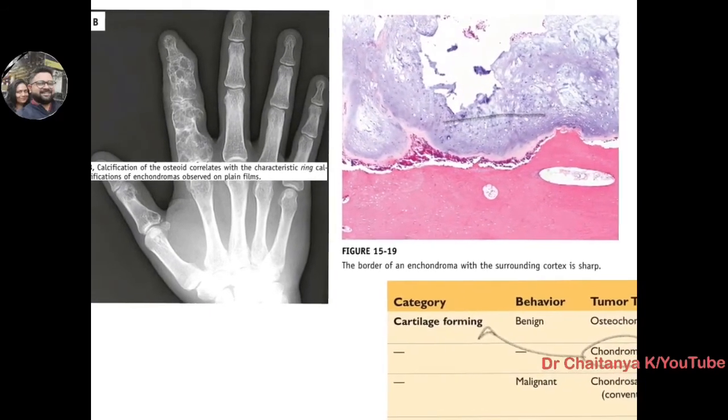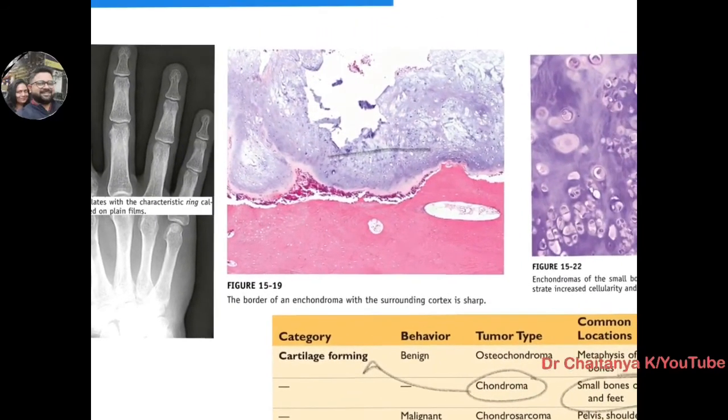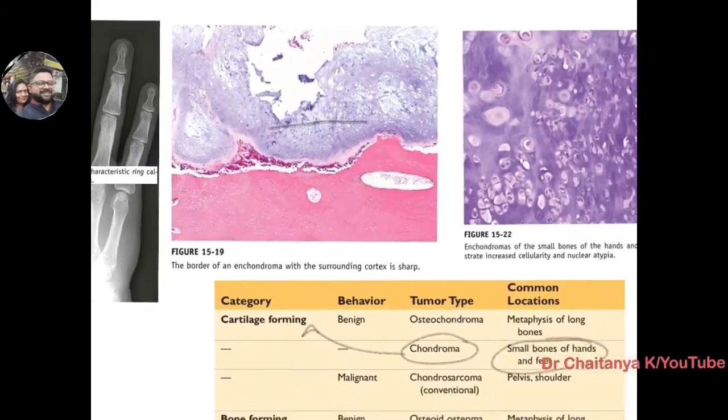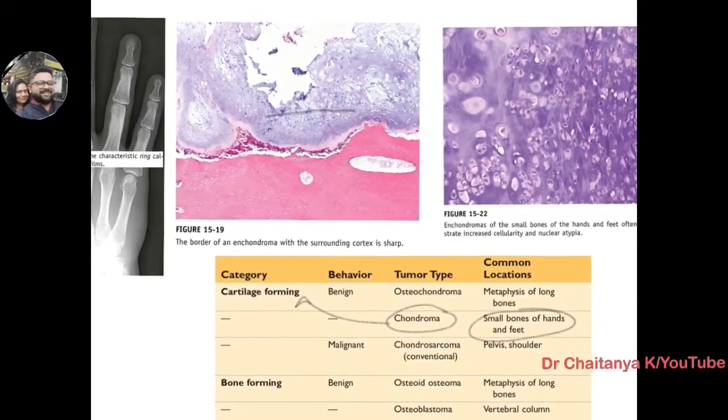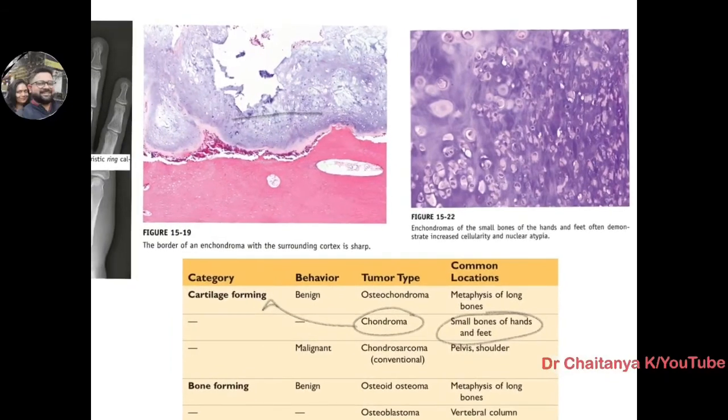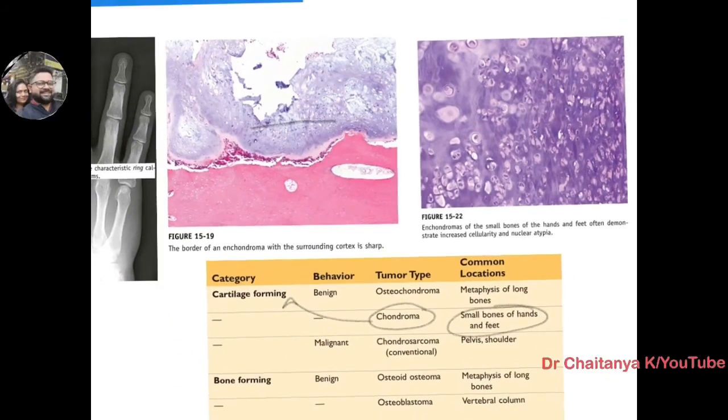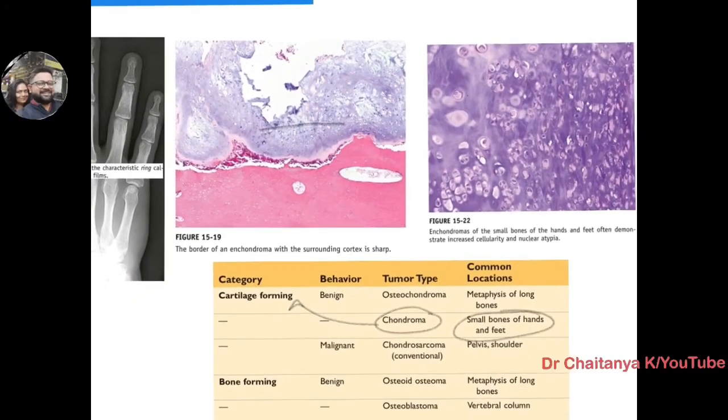It is also called enchondroma, and this is the microscopic feature, one low power and one high power. It is showing hypercellularity, and the nuclei are not that atypical. But the important thing to remember is that cartilage formation is seen. This is the new cartilage formation, demarcated from the original cartilage, and the chondrocytes are not that atypical. So these are the features of chondroma.